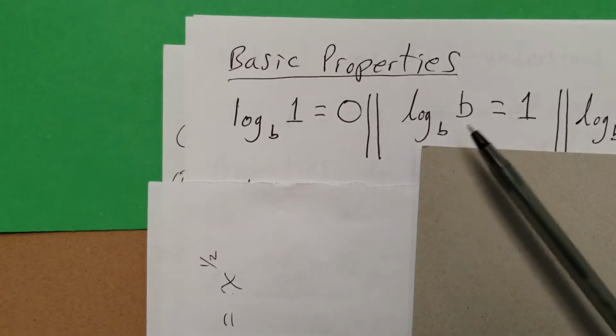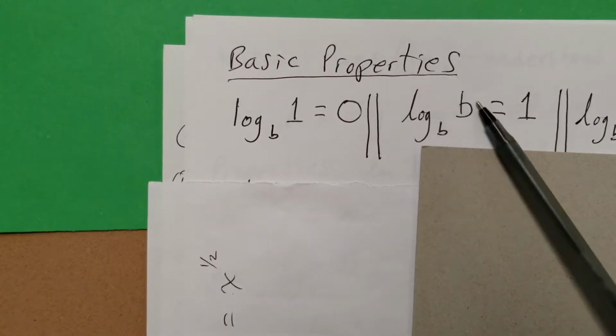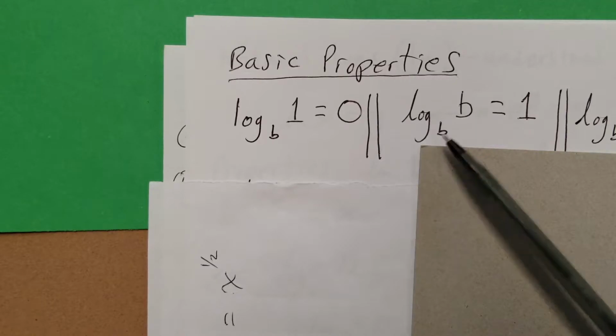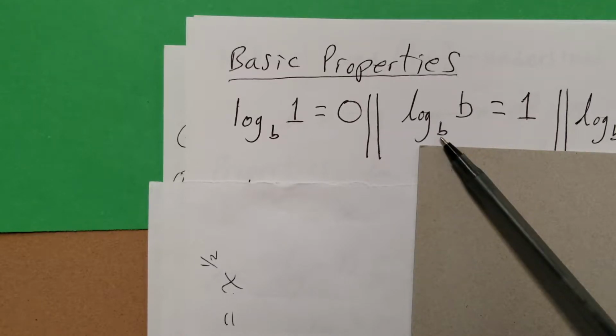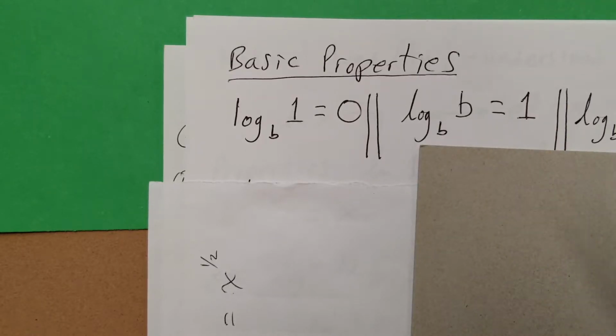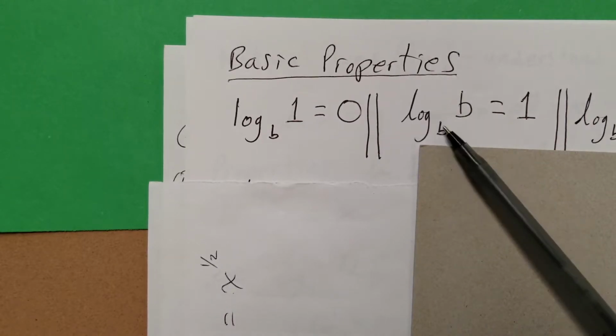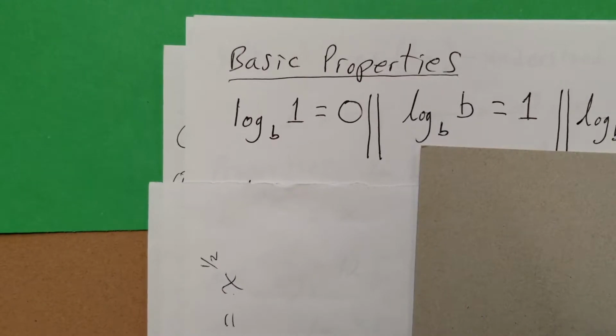If you have the same number here and here, the base, suppose this was 17. 17 to what power gives you 17? 17 to the first power. So when you have matching numbers there, the answer is always 1.